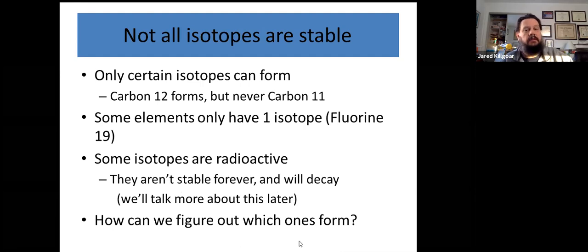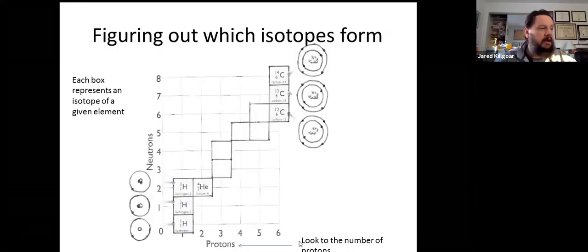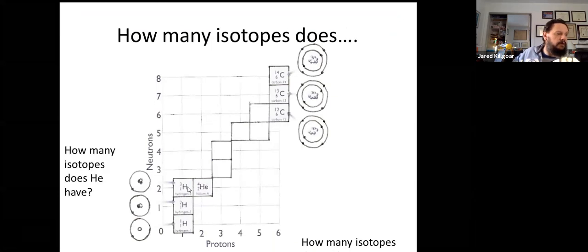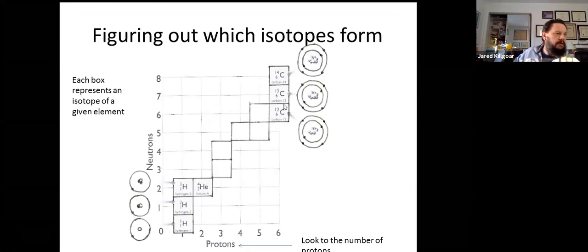So here's a little chart that outlines a couple of different isotopes for certain elements. We have hydrogen-1, hydrogen-2, and hydrogen-3 by the mass number. Helium only has 1 stable isotope, helium-4, with 2 protons and 2 neutrons. We have carbon up here, which has 3 isotopes: carbon-12, carbon-13, and carbon-14.